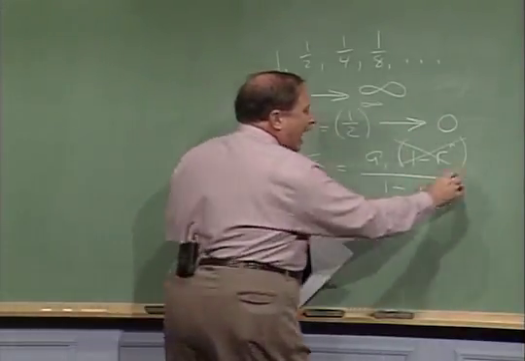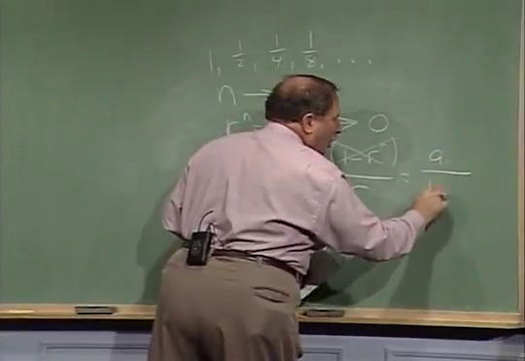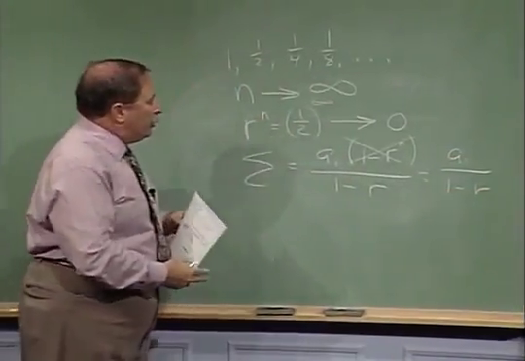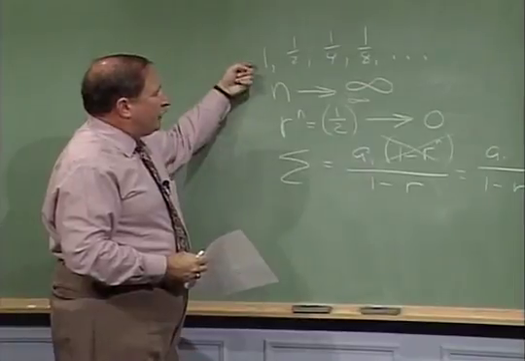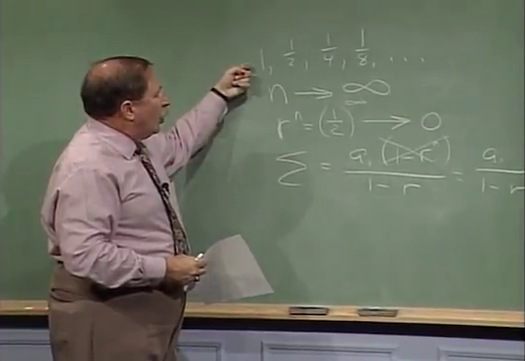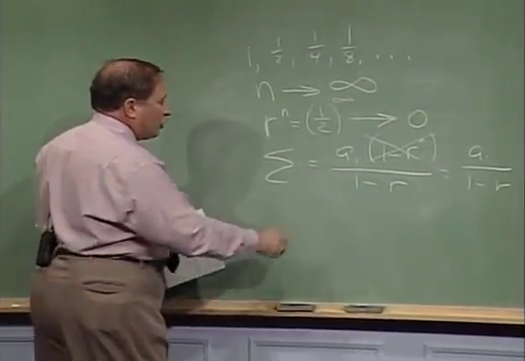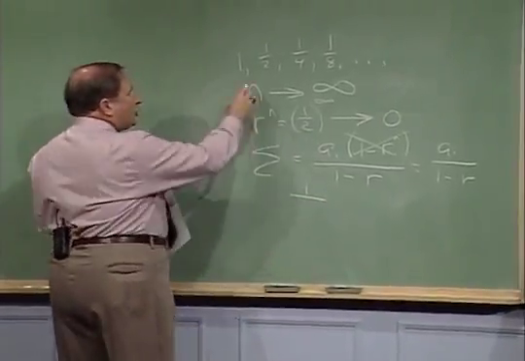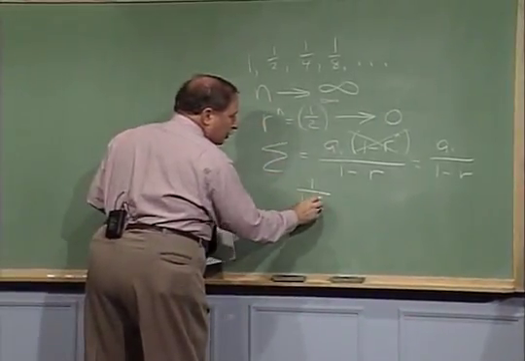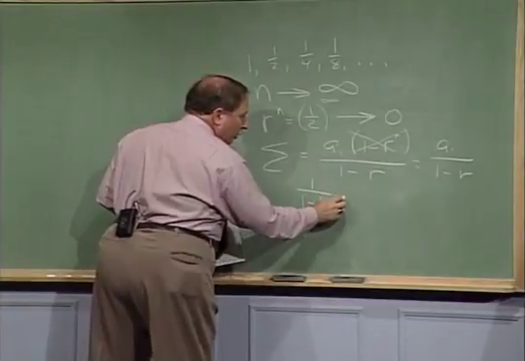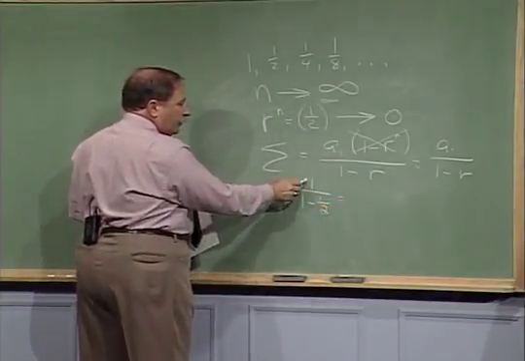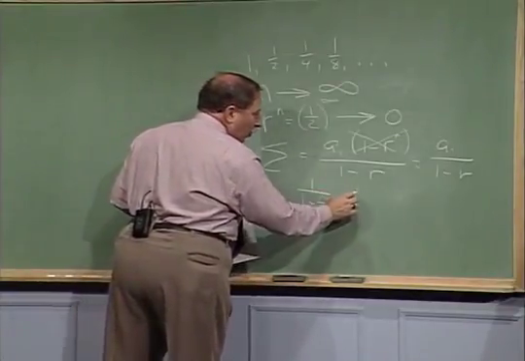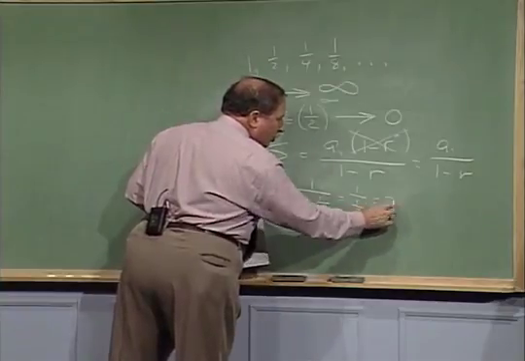So we're left with a1 over 1 minus r, which means we don't have to go through this whole mess. We want to find the sum of this sequence. All we've got to do is take the first term, which is 1, and subtract the common ratio, which in this case is 1/2, from 1. This 1 is the first term. This is just the number 1. And we get 1 over 1/2, which is 2.